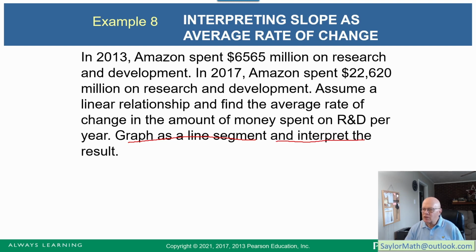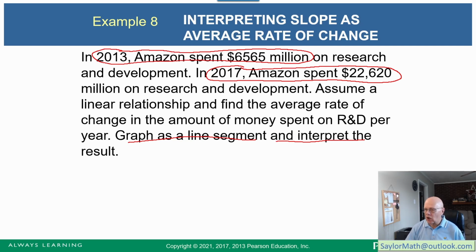Now notice first of all that 2013 and the $6,565 million are an ordered pair. The 2017 and the $22,620 million is a second ordered pair.